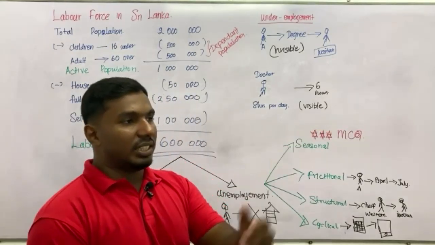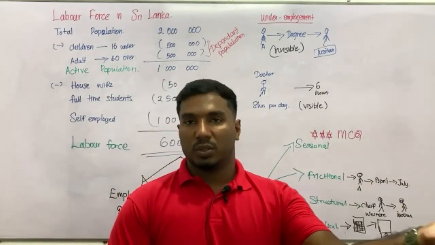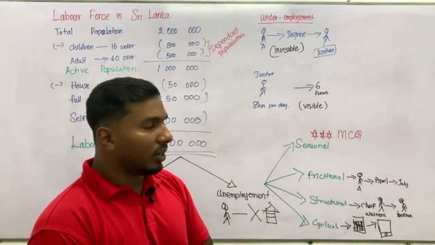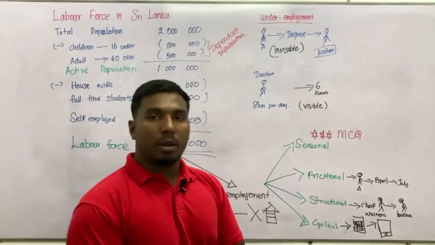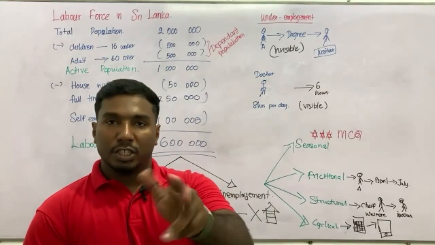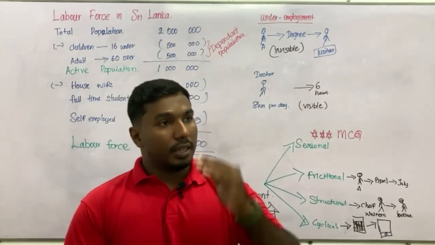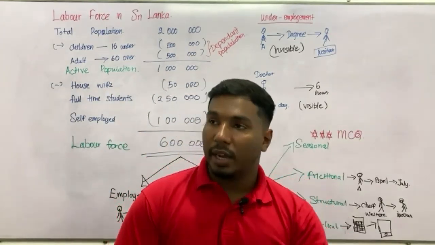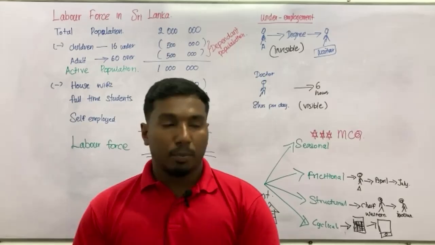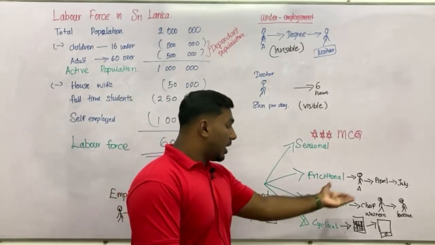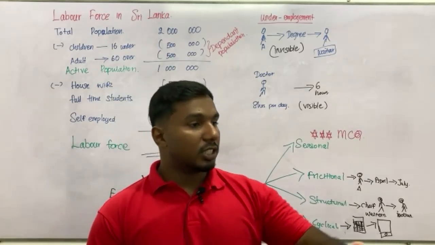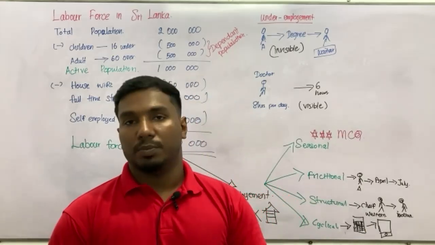Seasonal means the farmers and the tourism workers who experience seasonal unemployment. Frictional unemployment is the gap between job switchers. Structural unemployment is the mismatch between the expectation of the employer and the qualification of the employee. Cyclical unemployment is the less amount of demand, no jobs.